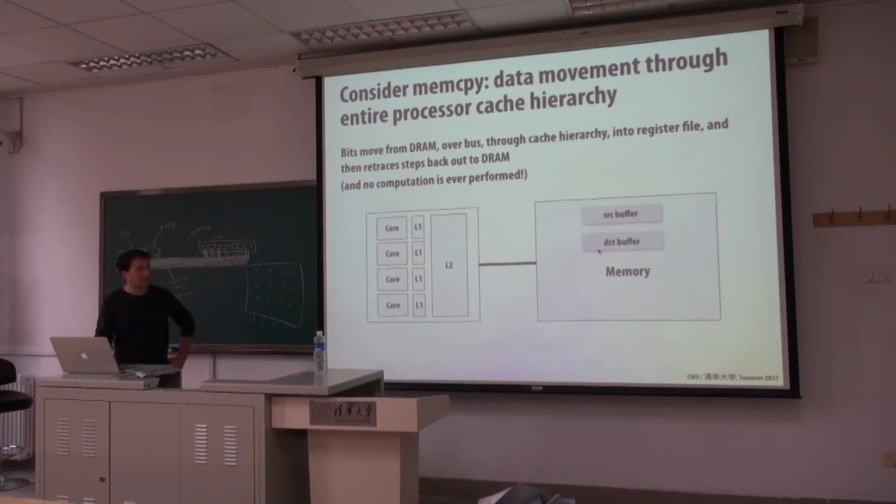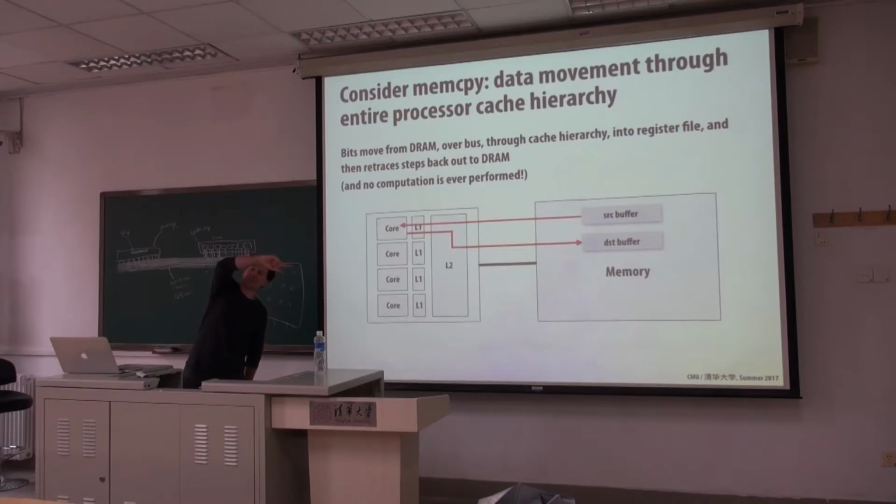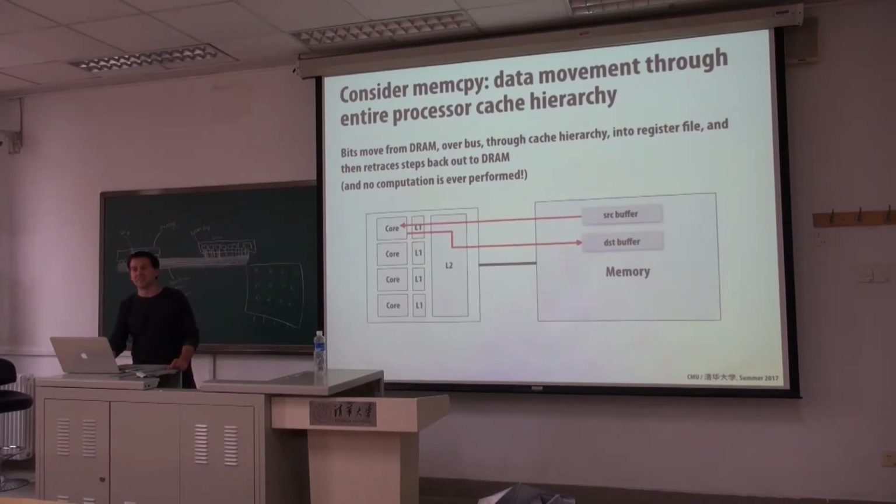Well, memcopy is going to load the data in the source buffer, bring it into the L2 cache, bring it into the L1 cache, and load it into registers. And then it's going to store the data in registers out to new values in memory. So it's going to update L1, L2, and all the way out to the destination buffer. No computation is ever performed, but all the data went from the DRAM array into the processor, and then all the way back out to the DRAM array.